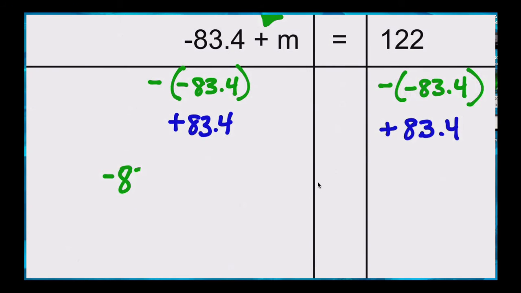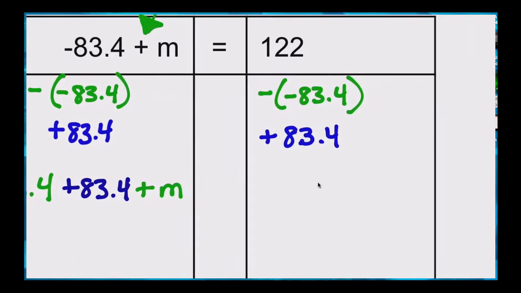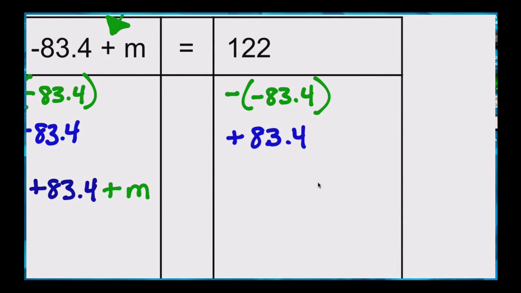Negative 83.4 plus 83.4 plus m, like so. And over here, we will have 122 plus 83.4.